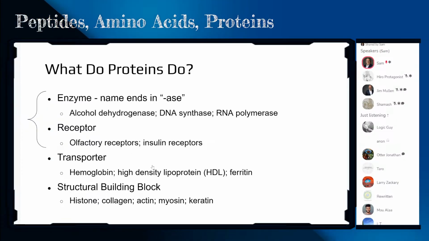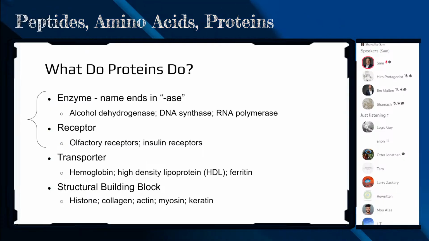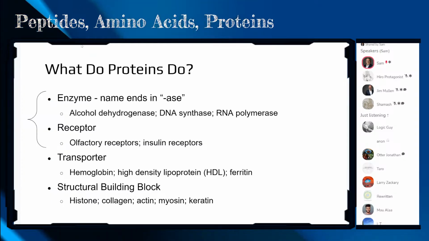And the last major thing that proteins do is that they're structural building blocks. So collagen, which makes our skin, nails, etc. Keratin, the same thing. Actin and myosin are the two proteins involved in muscle action.